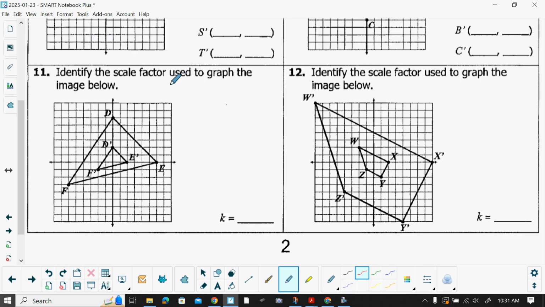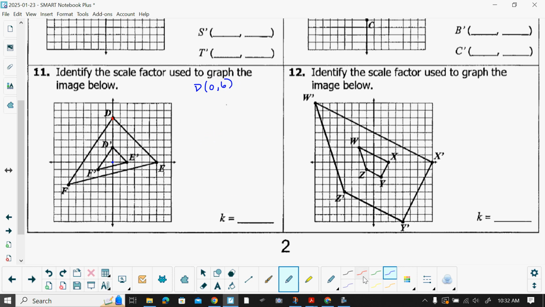Okay. So there are several different ways you can do this. Here's the way I like to do it. I like to pick one original point, like D. Okay. So D is an original point. It is at 0, 1, 2, 3, 4, 5, 6. D is at 0, 6.